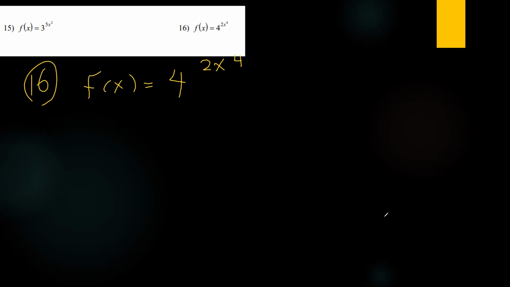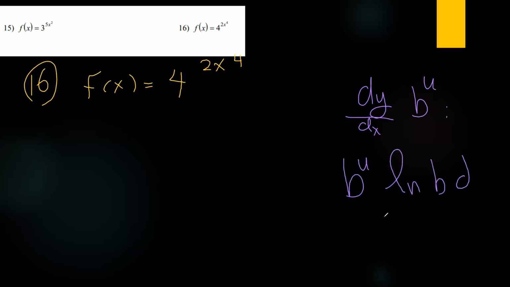Then you know that the derivative of b to the power u is b to the power u times ln b times du over dx. So in order to find the derivative, you have to find two things, du over dx and u.